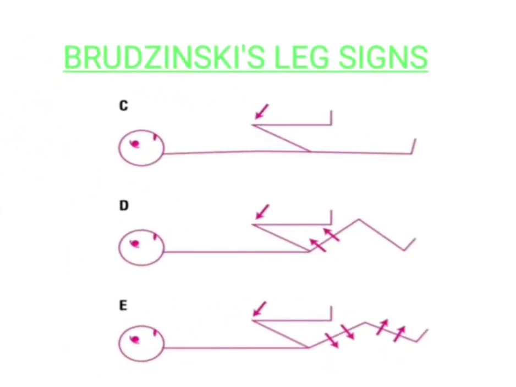This arrow indicates the identical contralateral sign of the patient. The contralateral leg now begins to extend spontaneously, resembling a little kick in the third figure. Here you can see the arrows which indicate the little kick. So it indicates a positive Brudzinski's leg sign.